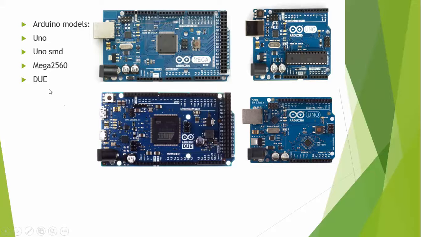And another one is Due, which uses an ARM-based microcontroller, but Mega and Uno use AVR microcontrollers. But there is no difference with programming. You just install Arduino IDE, write your program, and upload it to your board. There is no difference between your boards and you don't need to know new languages.